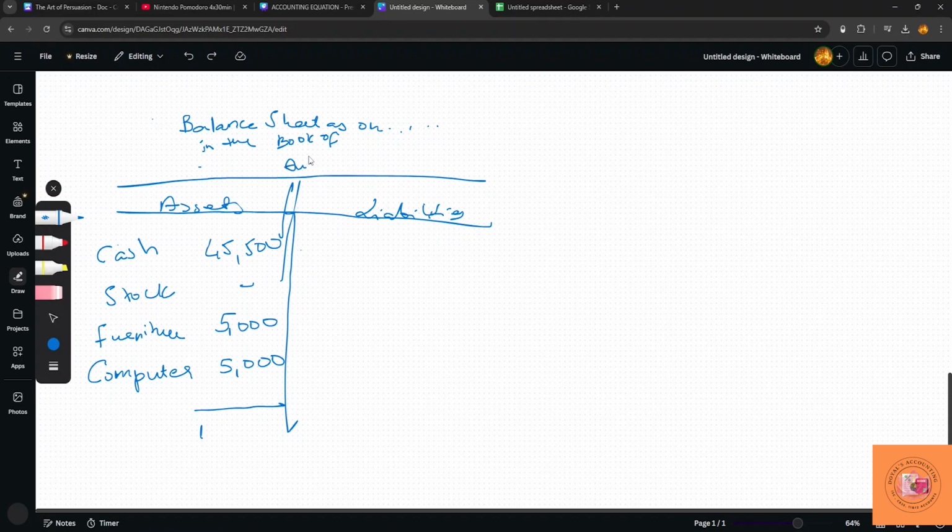Under liability, we have creditors worth rupees 15,000, and we have outstanding rent worth rupees 100, and our capital 40,400.